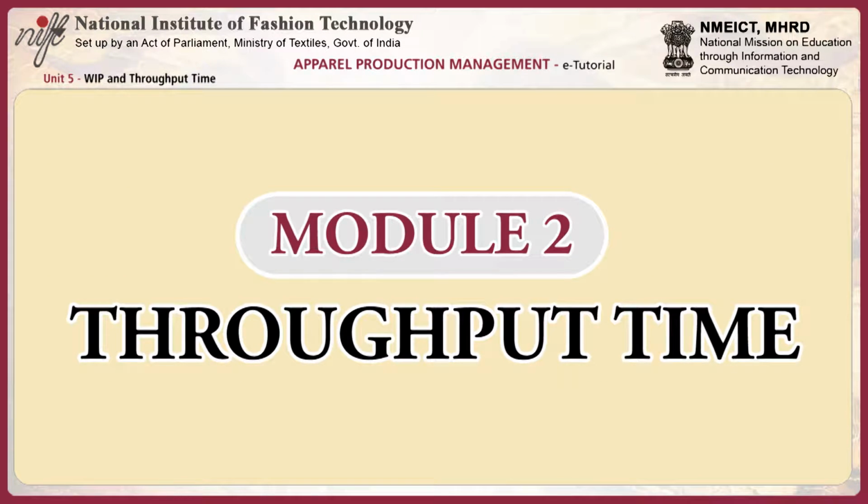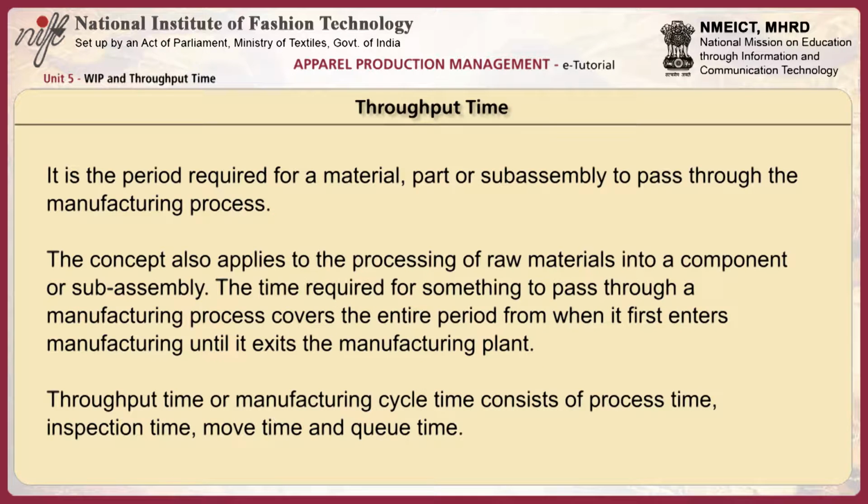Let us now go to Module 2, wherein we would be discussing in detail about throughput time. What is throughput time? The period required for a material, part or subassembly to pass through the manufacturing process.